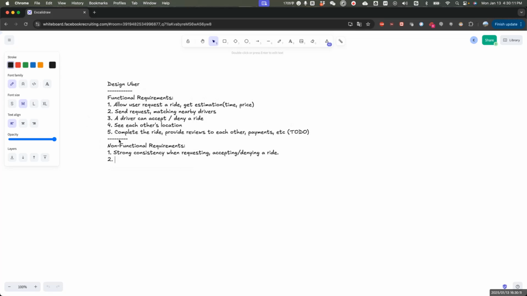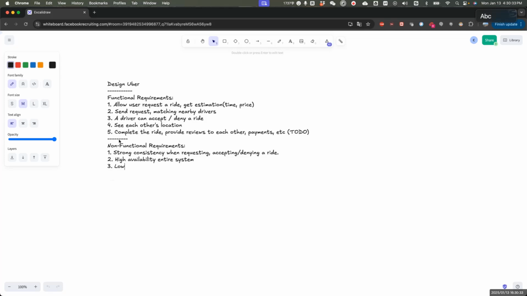We need the overall system to be highly available. High availability, entire system.